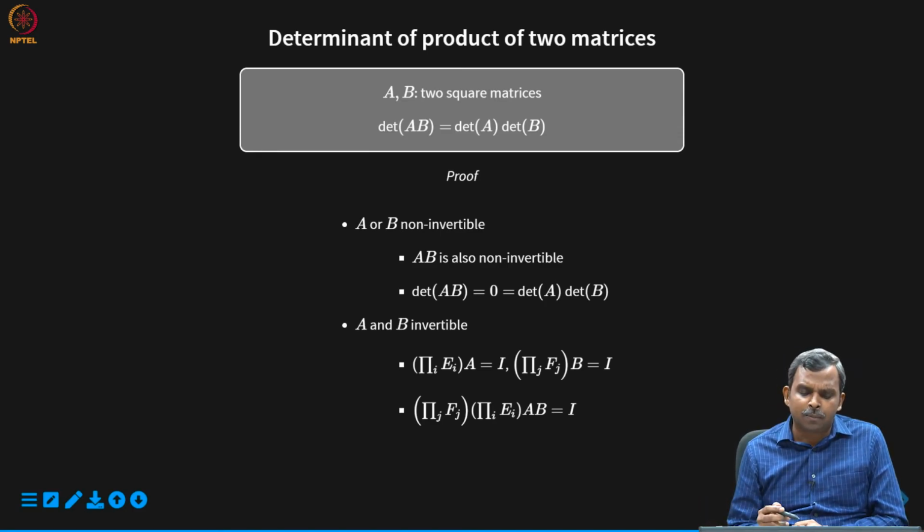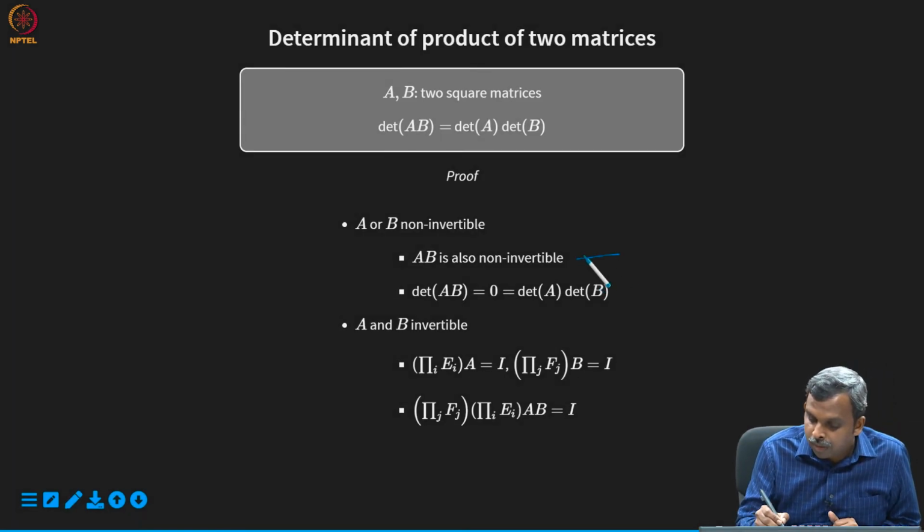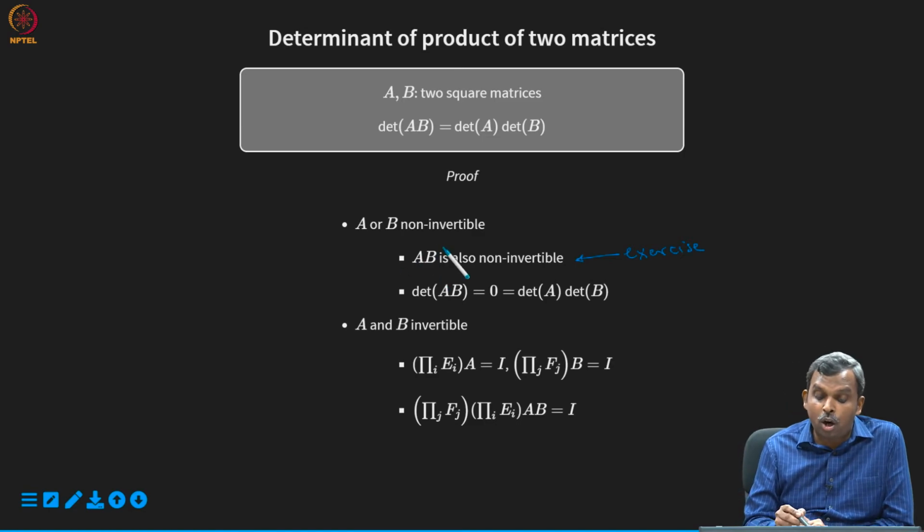How do you prove this? The first case you take is when A and B are not invertible. If A and B are not invertible, it turns out AB is also not invertible. I will leave this as an exercise for you. It's quite easy to prove. If A or B is not invertible, AB will be non-invertible.